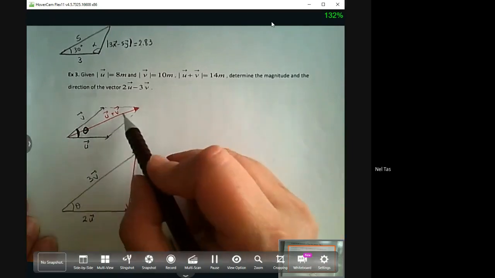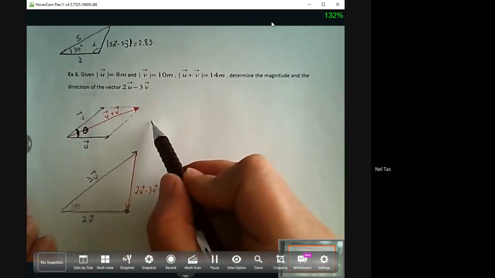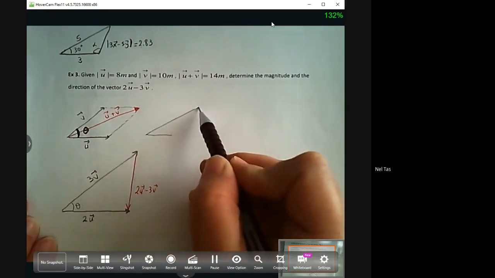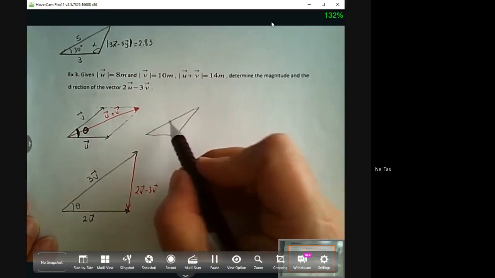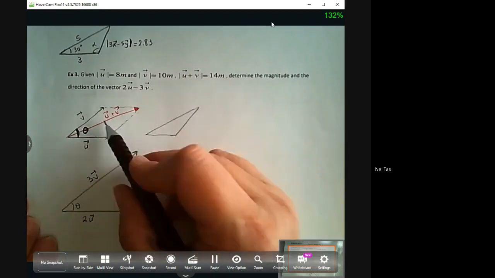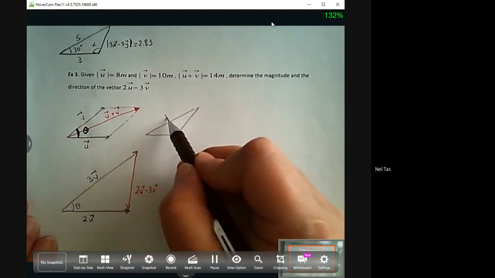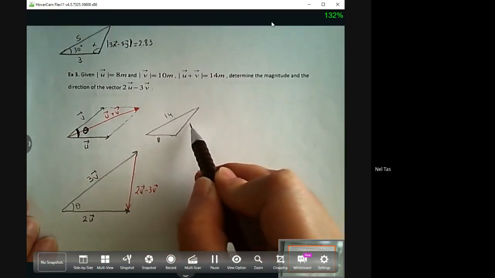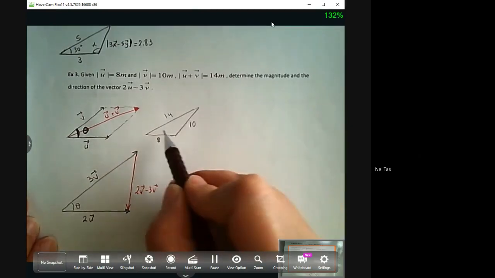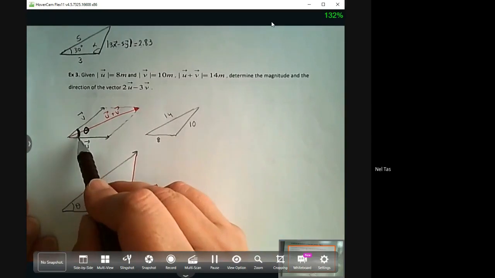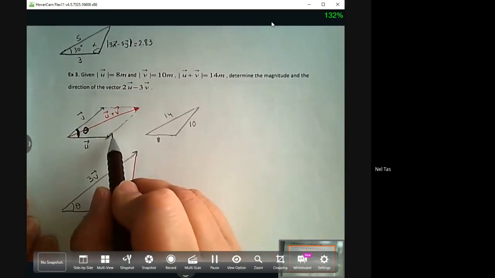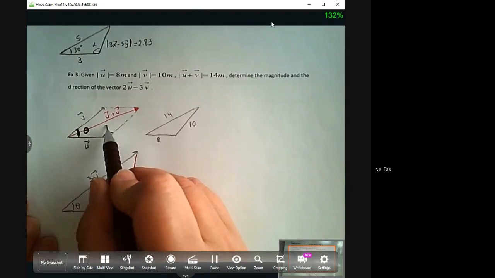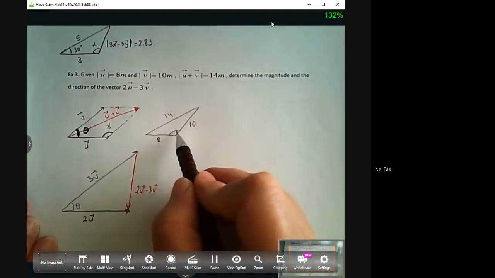Okay, so let's start with this one. We are again using this triangle here. The magnitude of u plus v is 14, the magnitude of u is 8, and the magnitude of v is 10. This angle theta we don't know, right? But actually I'm not using it for the addition, remember? So I'm going to call this gamma.